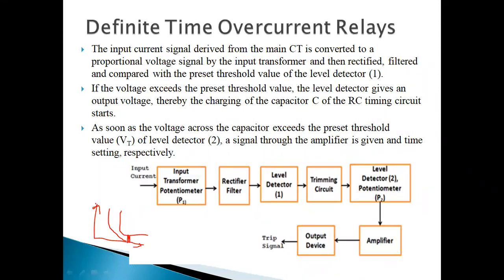Here the input signal derived from the main current transformer is converted to a proportional voltage signal by the input transformer. Whatever current we are getting from the current transformer, which is taking the supply from the power system, this current transformer output is given to the input transformer.